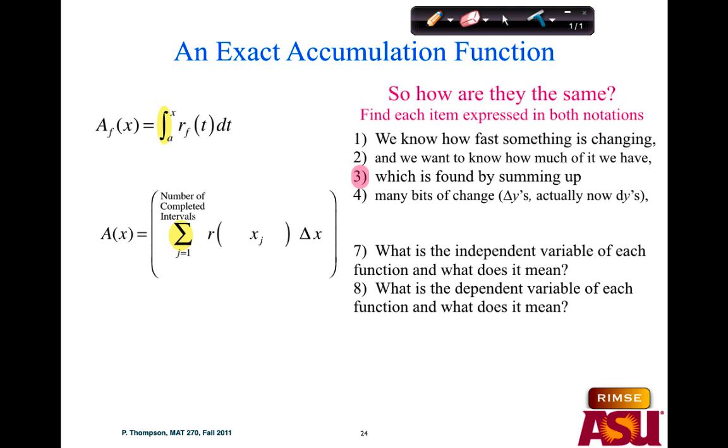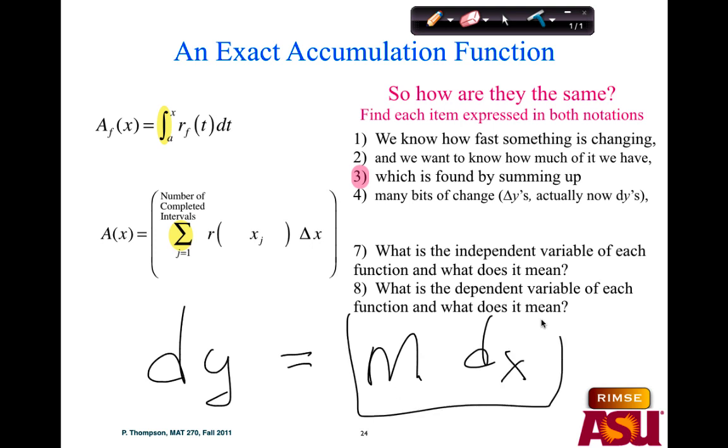It was the most important thing. That's the most important principle this is all based on. Where's a bit of change? Yes, guys, yes. dy equals what? m dx. What is m dx? A little bit of change. And then we're going to accumulate those, right?